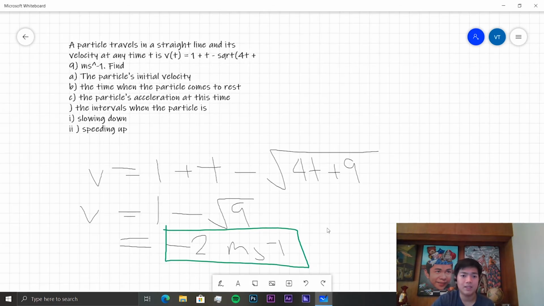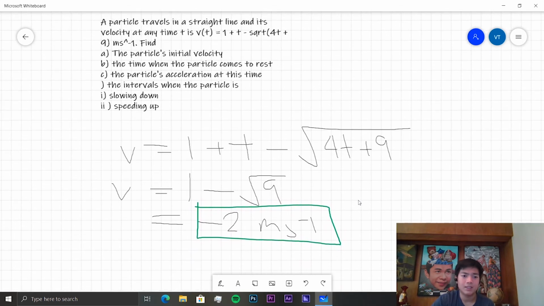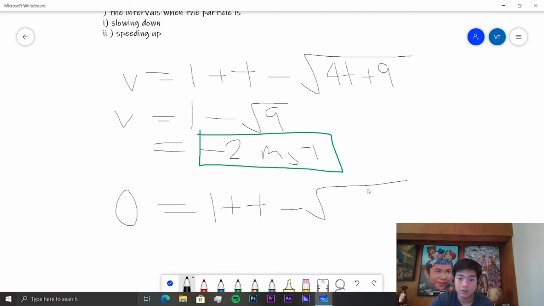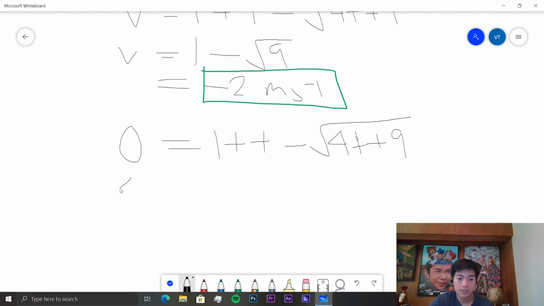The time when the particle comes to rest. So that's when velocity is 0. So we have 0 is equal to 1 plus t minus the square root of 4t plus 9. So we have 4t plus 9 is equal to (1 plus t) squared.